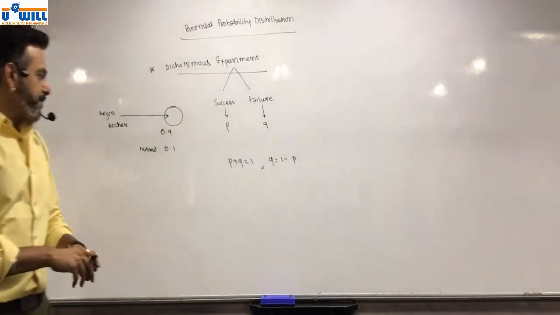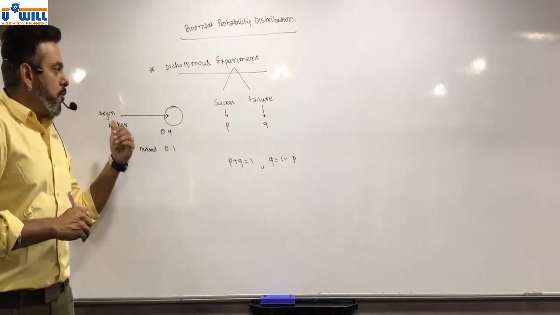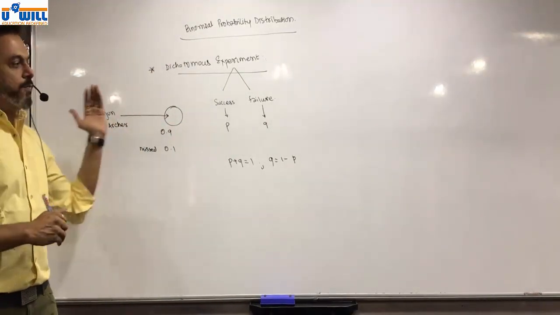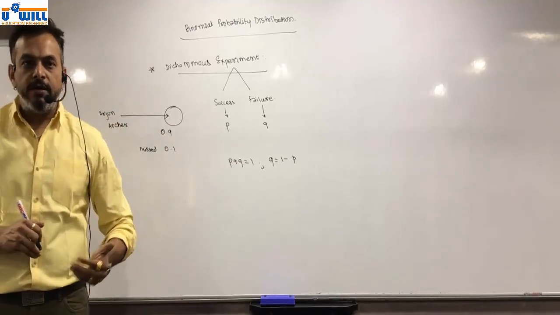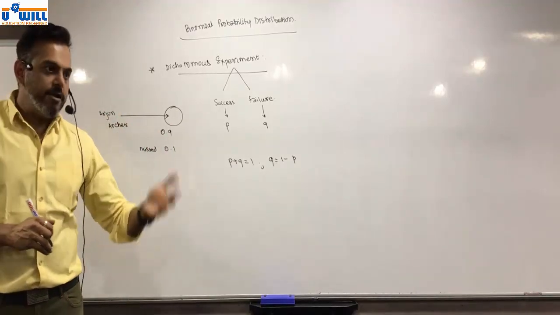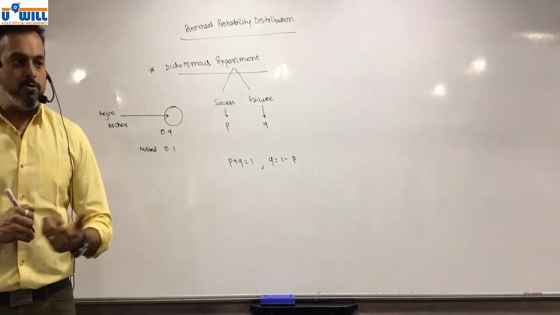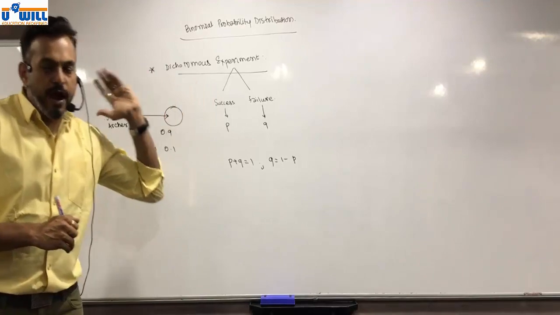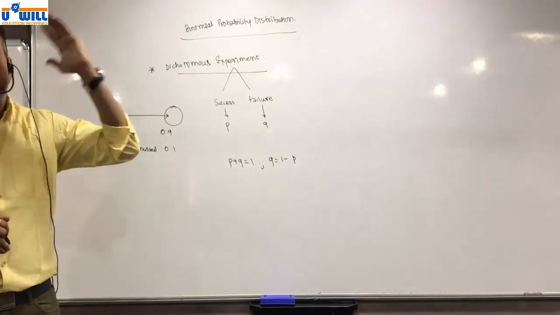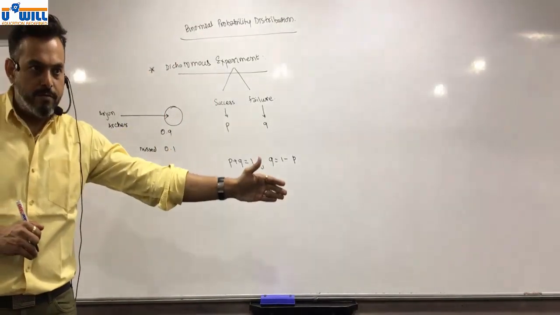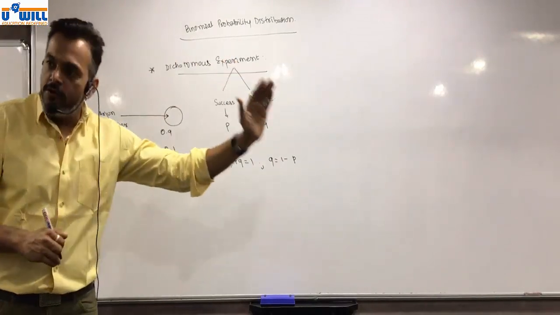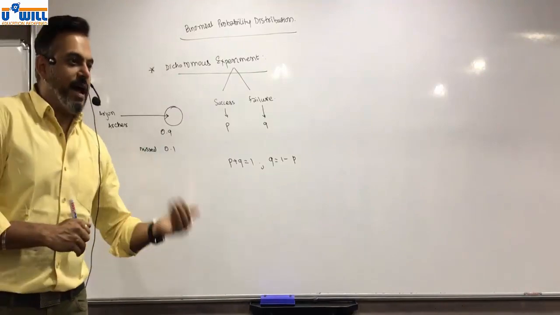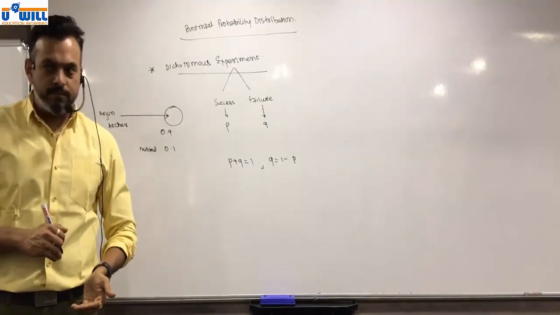तो मेरे लिए सक्सेस क्या है क्वेश्चन का या इस एक्सपेरिमेंट का या इस प्रोसेस का? मेरे लिए सक्सेस क्या है कि हिट्स द टारगेट. But if I want to find out that Arjun tries to hit the target 4 times, what is the probability that he misses the target 2 times?